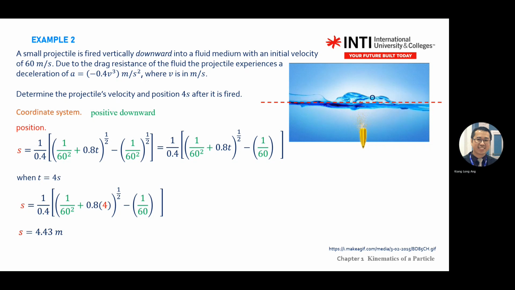All your working will be negative inside. You'll get negative sign here, velocity also negative. Understand? But I don't want to get negative value, so I flip the system. I assume go down positive.